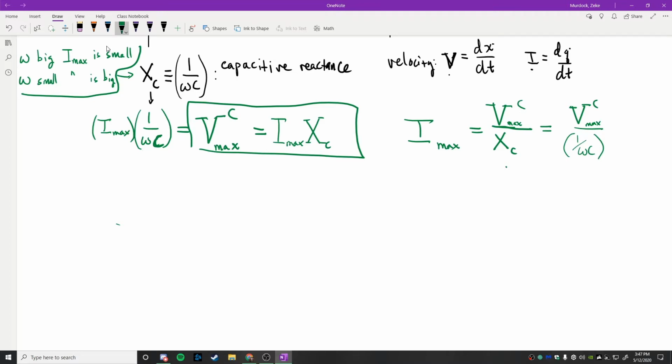Which means that when omega is big, X sub c is small. As a result, I gets big. So I got these backwards. This is actually large. So if omega is big, then Imax is big, and if omega is small, then Imax is small.